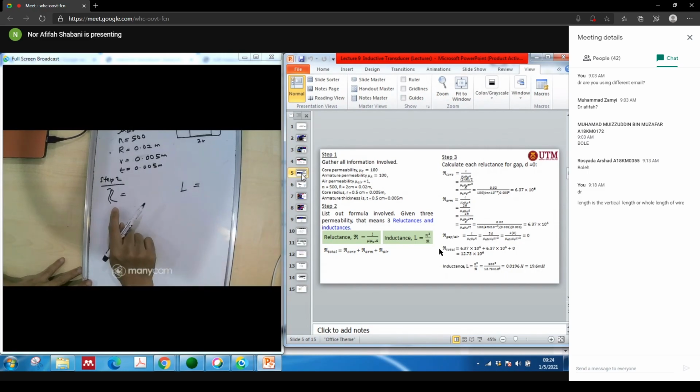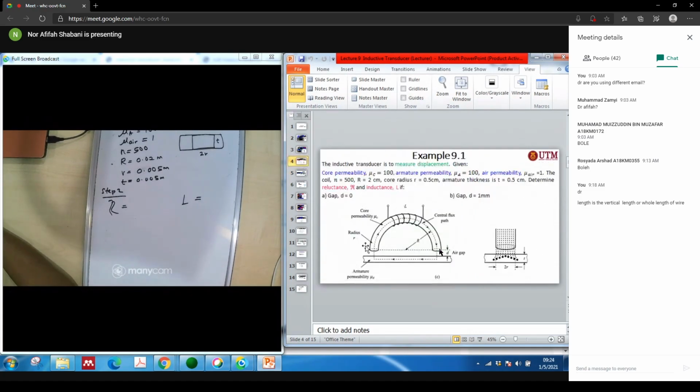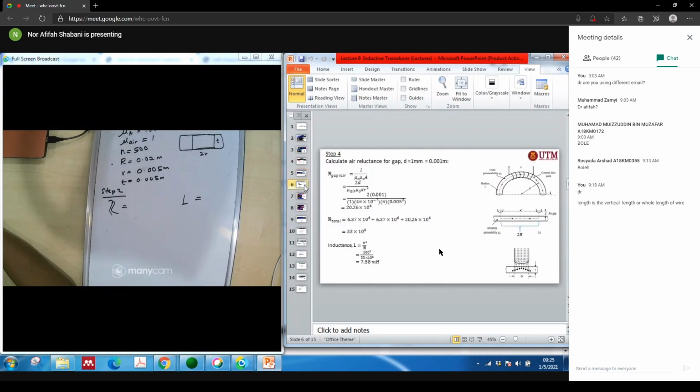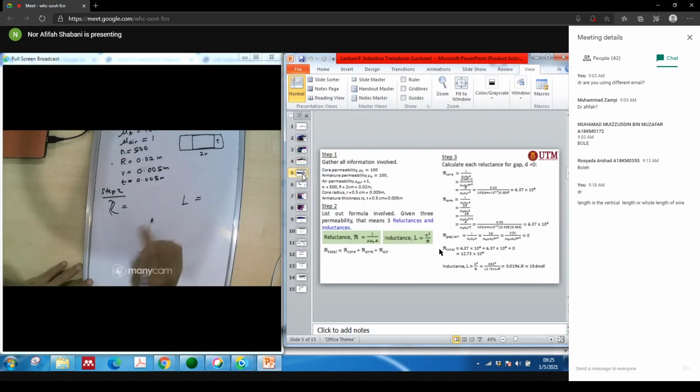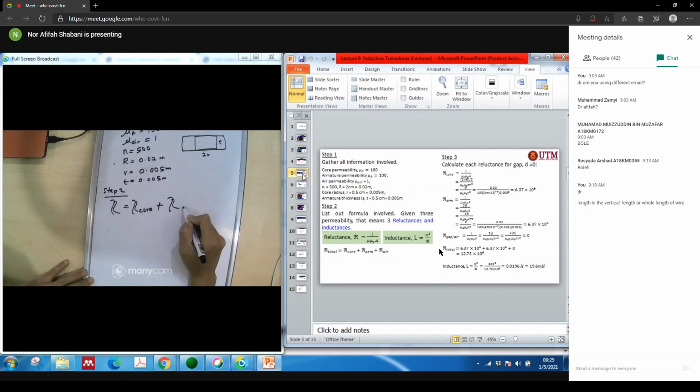The reluctance depends on how many parts you have. You have the core here, and you will also have the air permeability and the arm permeability here. So the total reluctance is R core, RC, plus R air, plus R arm.